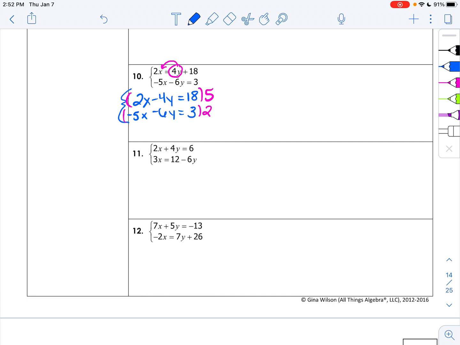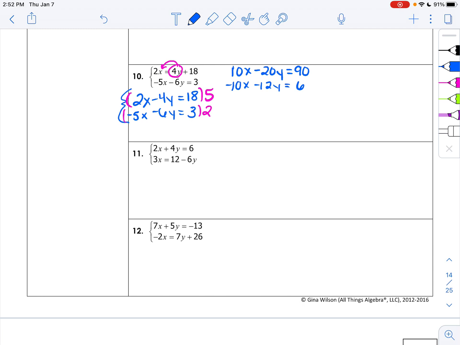When I multiply my top equation by 5, I get 10x minus 20y equals 18 times 5 is 90. Then when I multiply my bottom equation by the 2, I get negative 10x minus 12y equals 6.